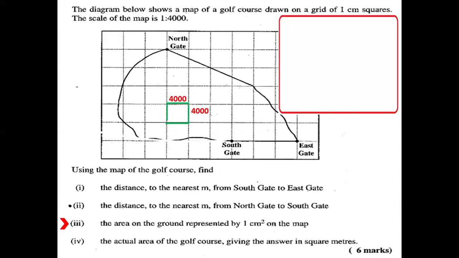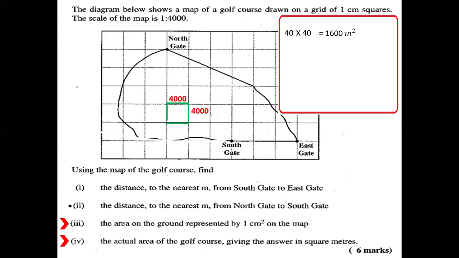So what we can do is convert these 4,000 to meters and then square them. So again, we just divide by 100, giving us 40. If we take one side and then multiply 40 by another, what we have is 1,600 meters squared on the ground, right? So that's what 1 centimeter square is representing.